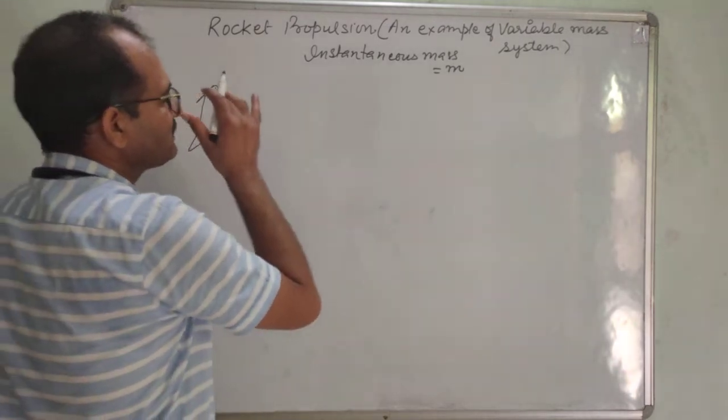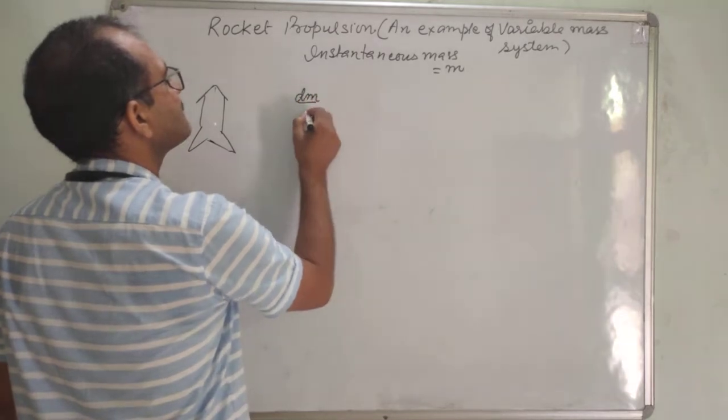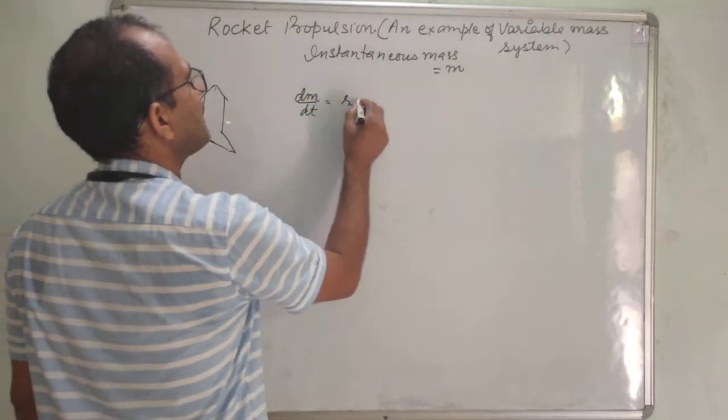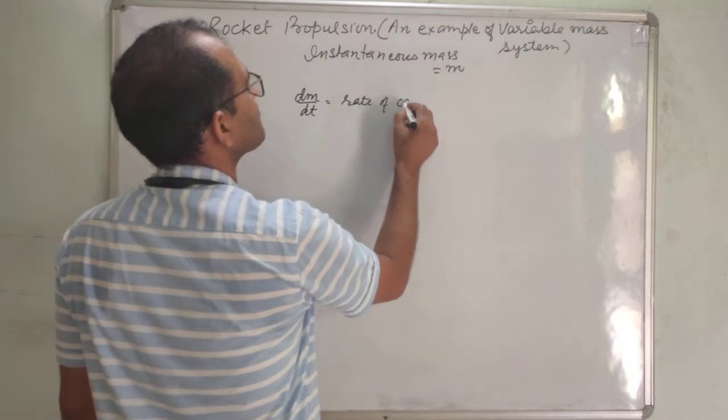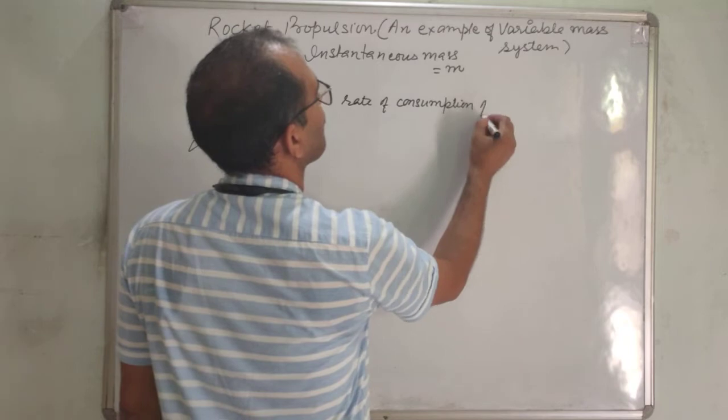The second one is I am taking dm upon dt, that is the rate of consumption of fuel.